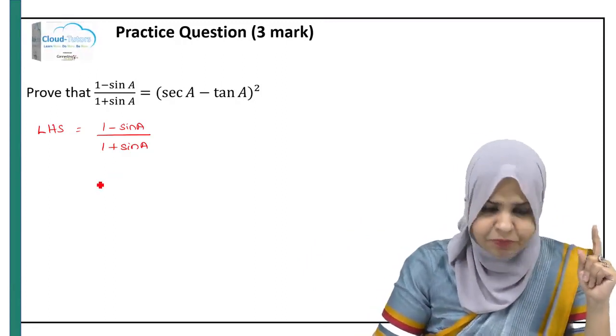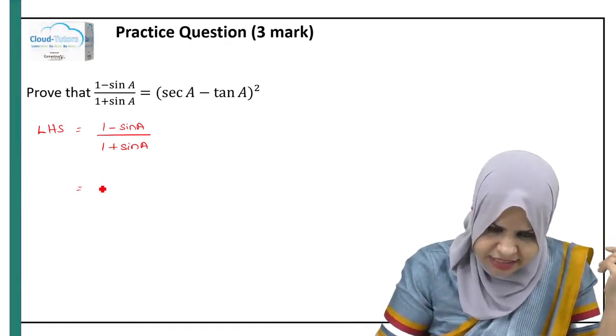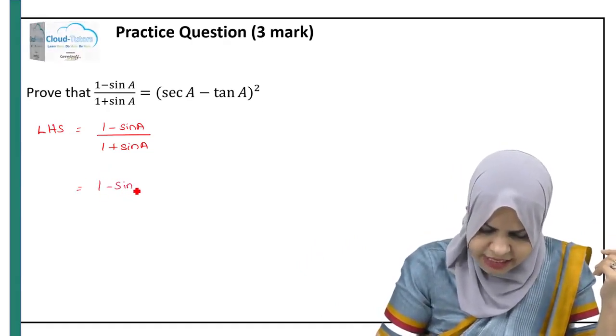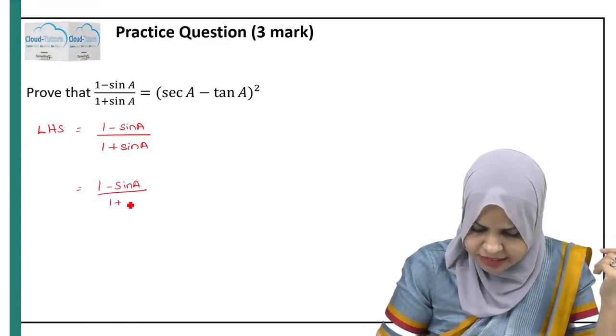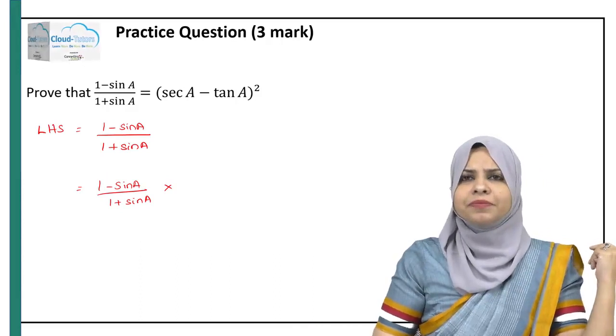Okay, moving back. I have considered the LHS. Now I will rationalize this. So 1 minus sin A by 1 plus sin A. So what is the rationalizing factor here? You're right.